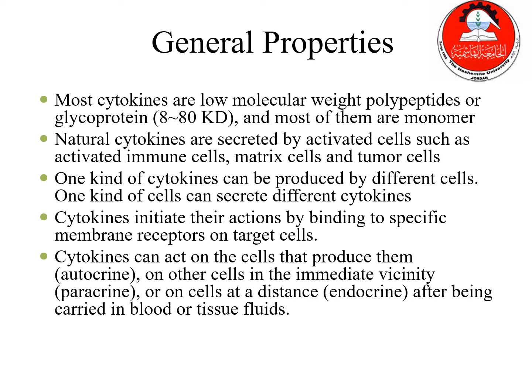On other cells in the immediate vicinity, this is called paracrine. So it's released from cell X to target cell Y or neighboring cell Y, and this is paracrine. Or on cells at distance, and this is called endocrine after being carried in blood or tissue fluid.